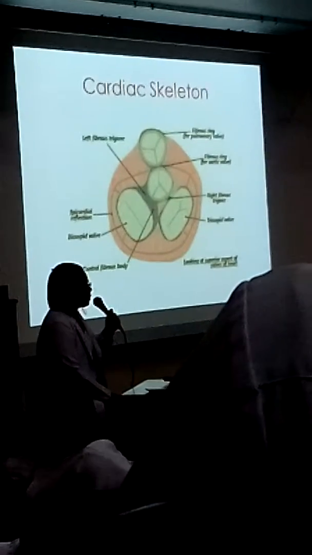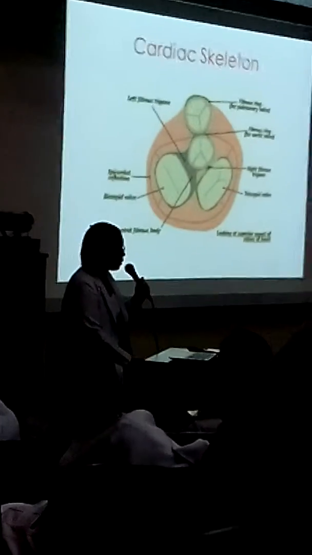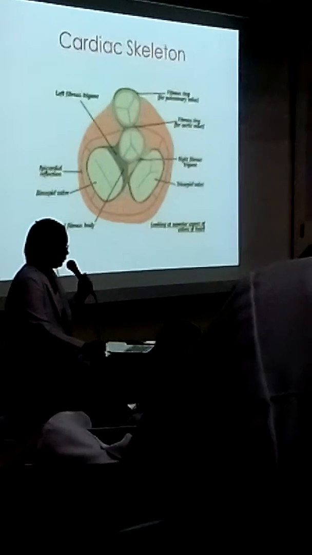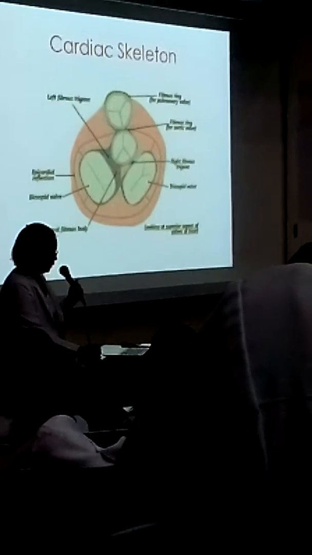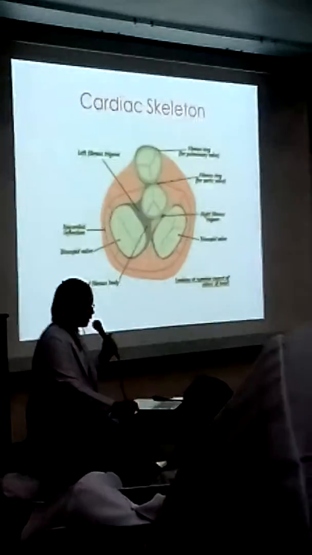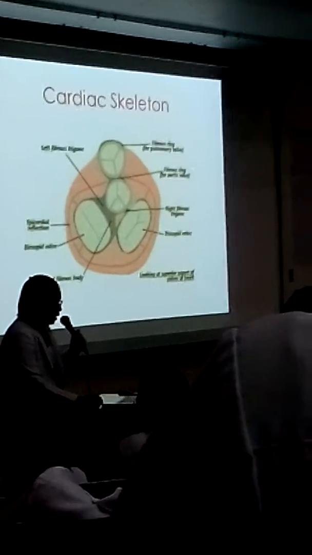So after we review the heart, we now go to the cardiac skeleton. So it is composed of what parts? There are 4 fibrous rings and 2 trigones and your membranous part of the interventricular septum.